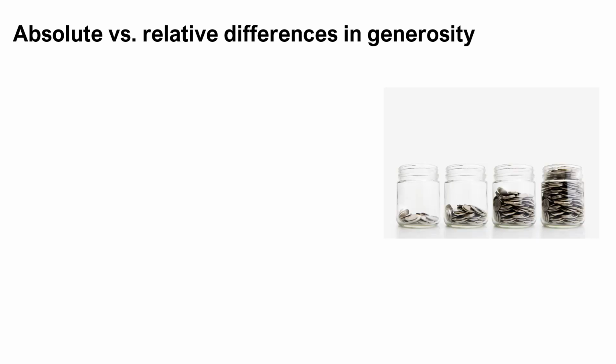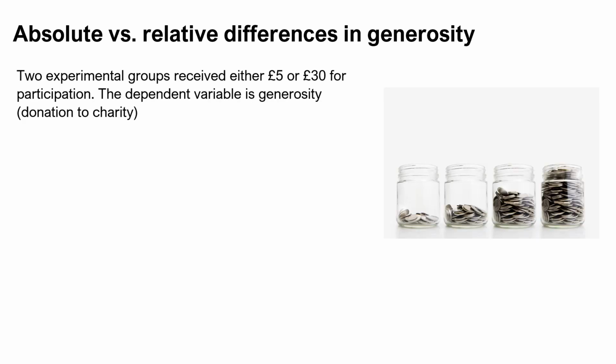And as another example of this, if we think about a study where we have two experimental groups and participants receive either £5 or £30 for participating, and this might be because some of them had to travel to participate, or some of them did a longer study, or this might be an experimental manipulation, and we're interested in the dependent variable of generosity, which is operationalized by their donations to charity.